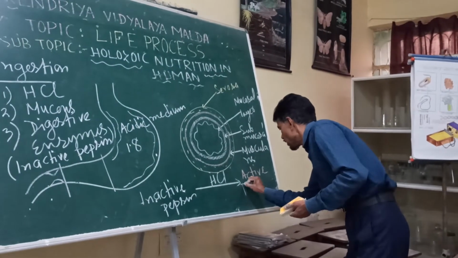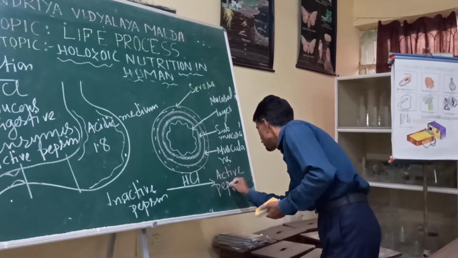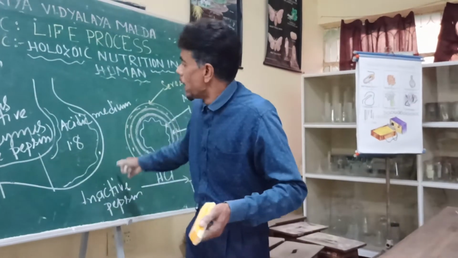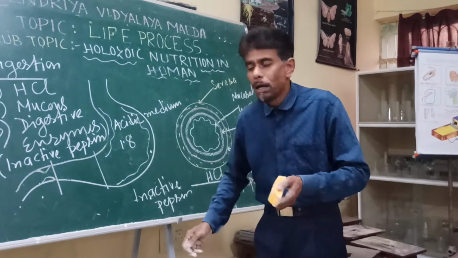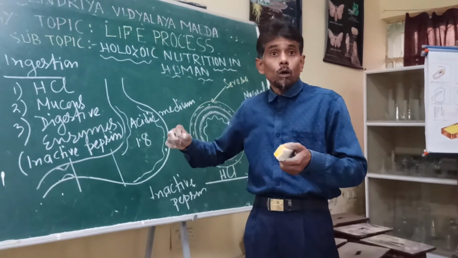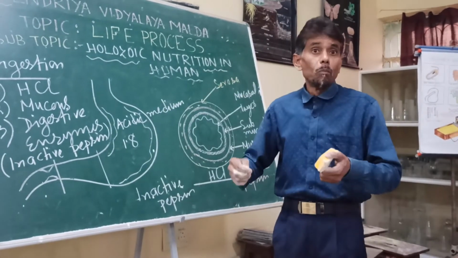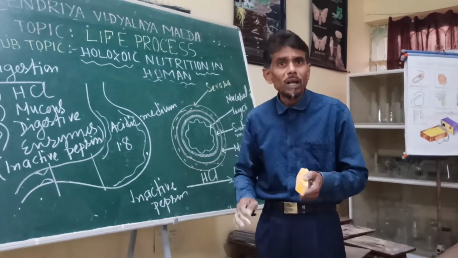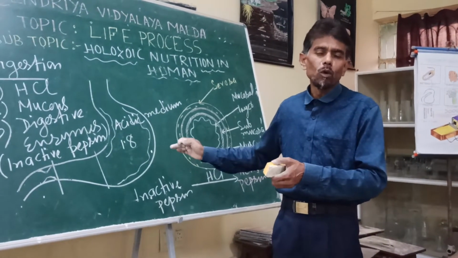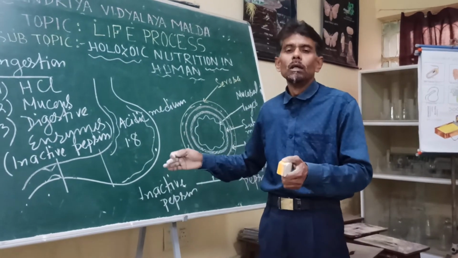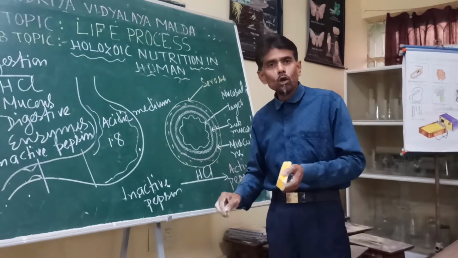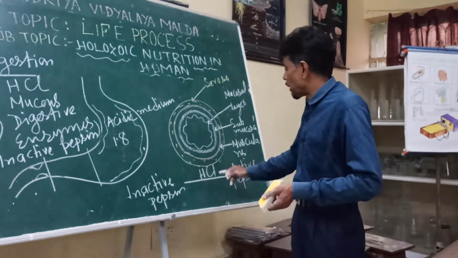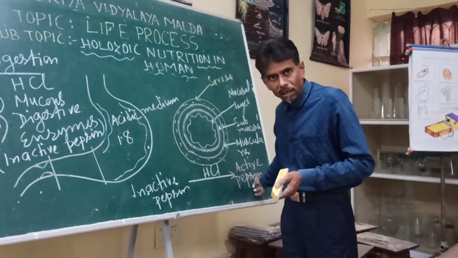This active pepsin then helps to convert the protein molecule, protein food, into peptone, a simplest form. Protein, which is a complex form of food, gets converted into peptone, the simplest form, which is done by the active pepsin.